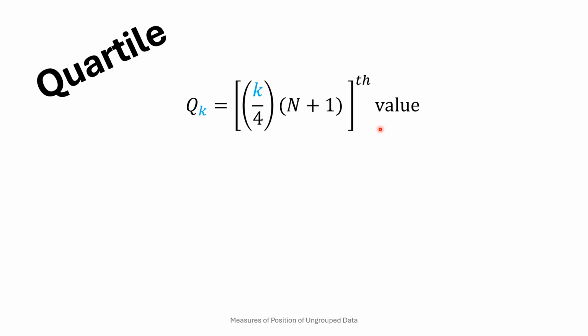This means we are looking for the position of that value, where Qk is the quartile, k is the quartile rank, and n is the number of values in the data set. Values could also be known as the observations, the raw data, or the scores.